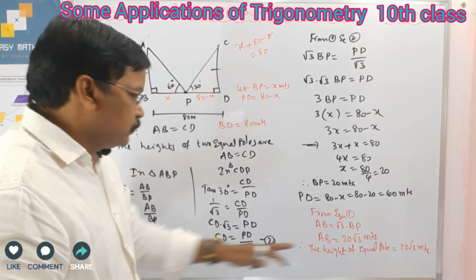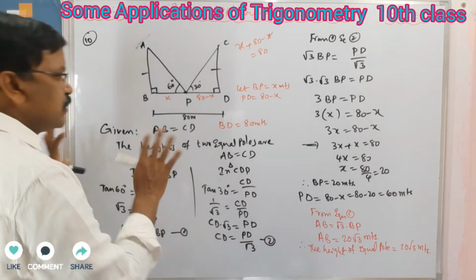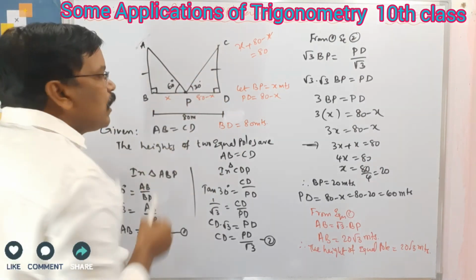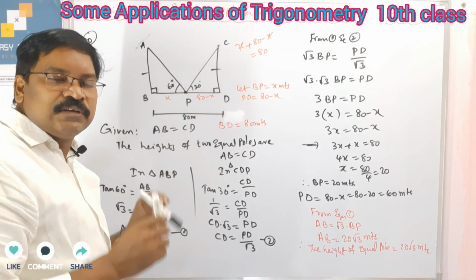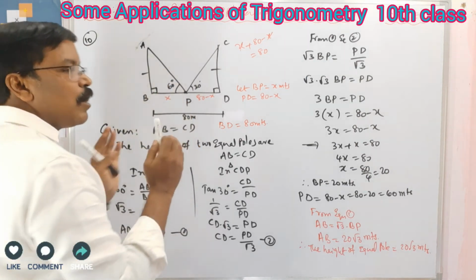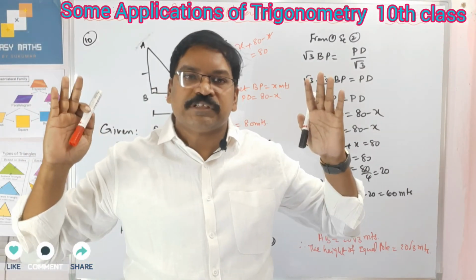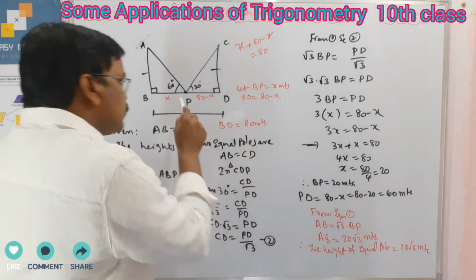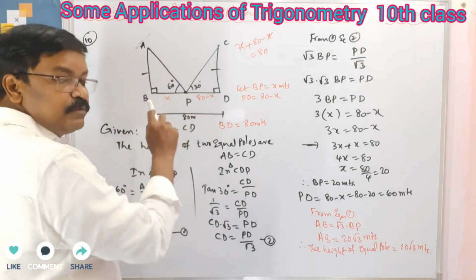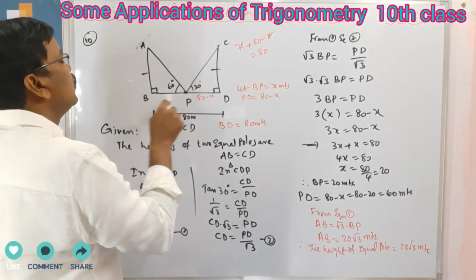This is the solution. See, my dear students, here the two are equal poles. Equal poles means the heights are equal. They are standing on opposite sides of the road. So there is a point P between the two poles, on the road.